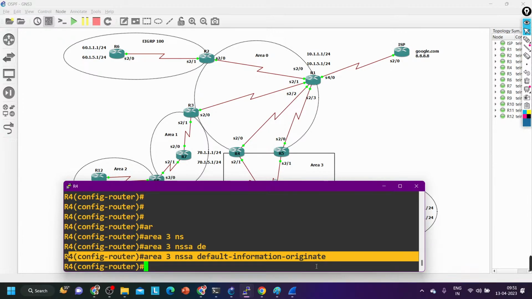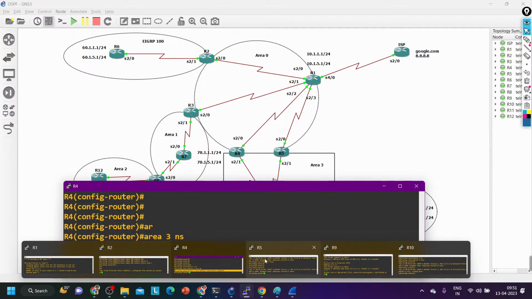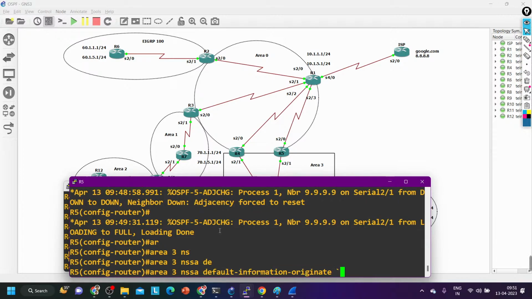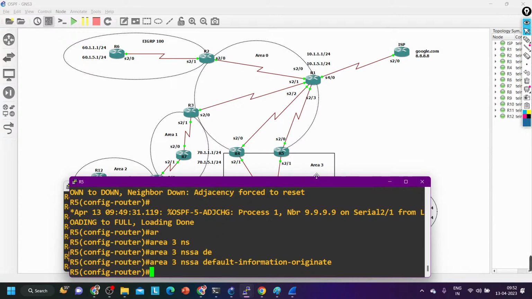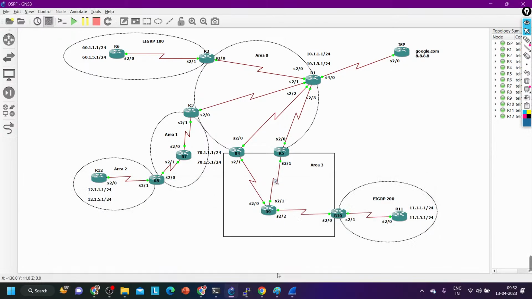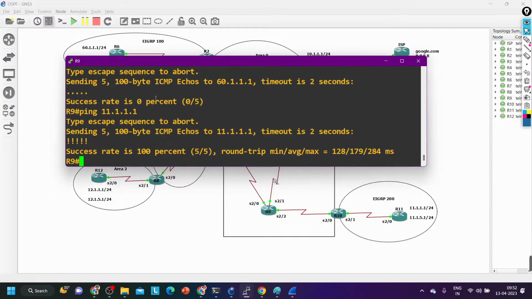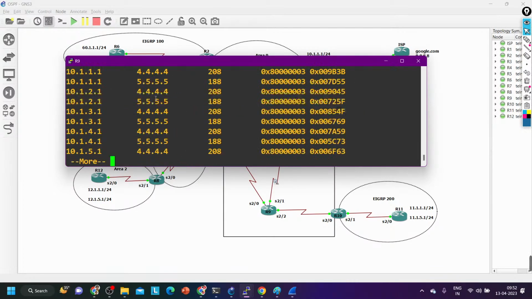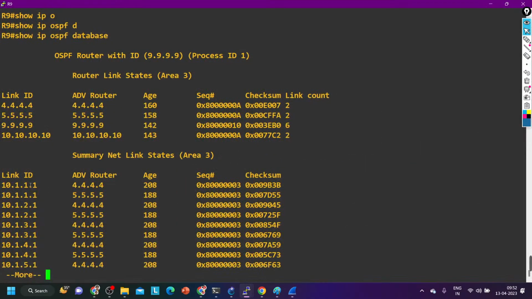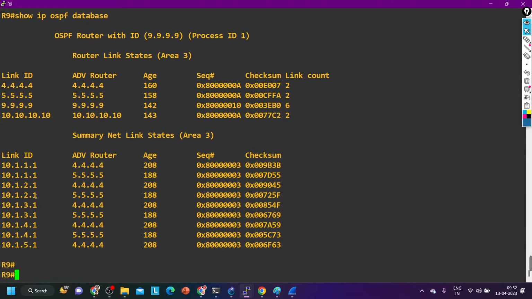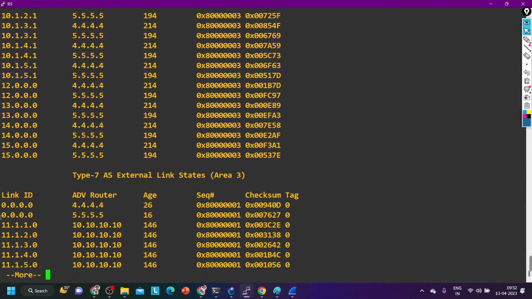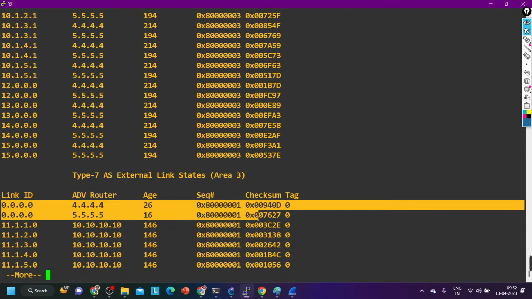Okay. In the same way on router number 5 also, area 3 NSSA default information originate. And now on router number 9, if you will verify, so IP OSPF database, so you can see ABR router has generated LSA 7.